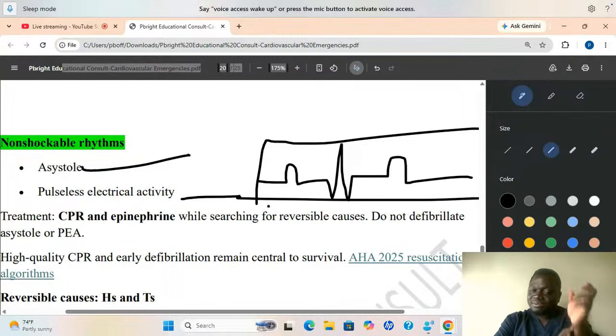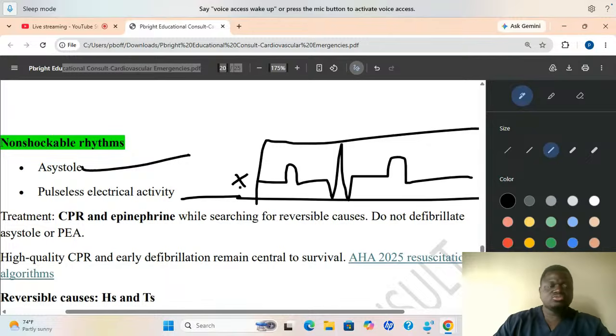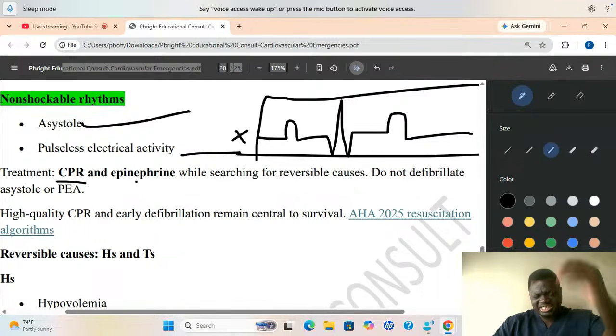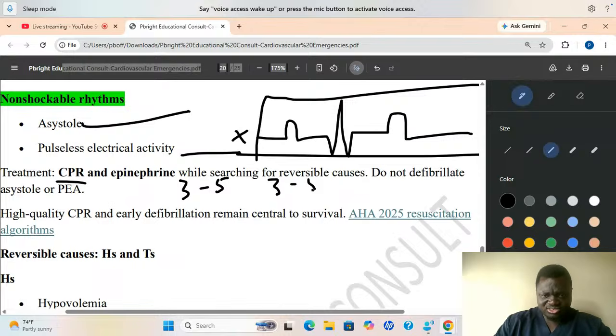Are they having a pulse? No. If no, it is pulseless electrical activity. This is a fake rhythm, so I should do my CPR on these patients. You do your CPR, then epinephrine every 3 to 5 minutes. Never defibrillate.